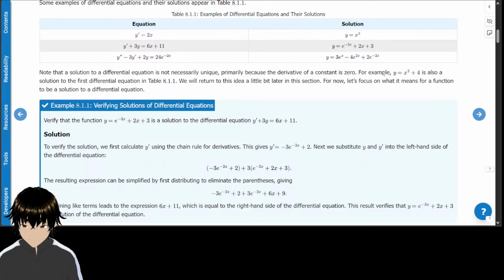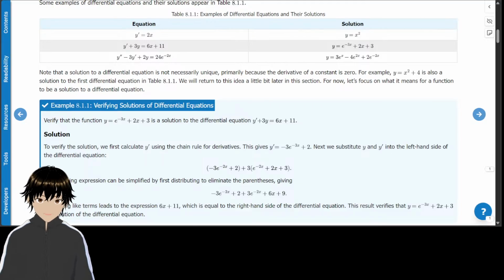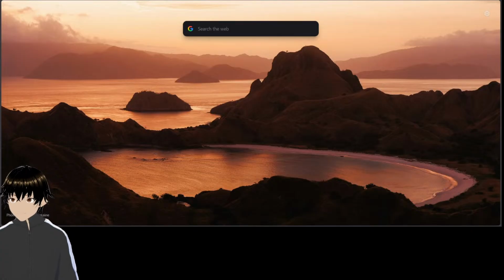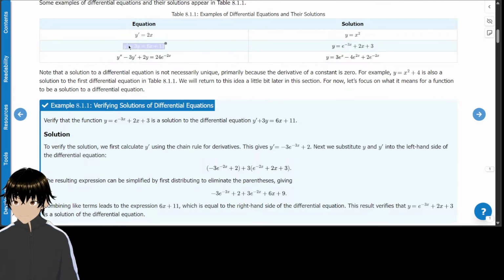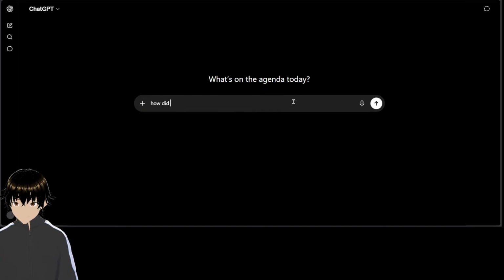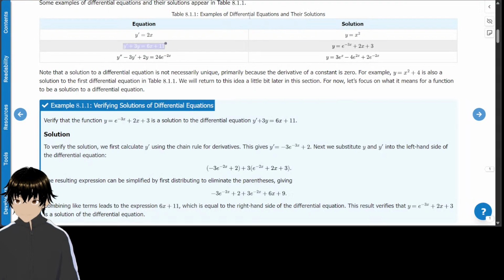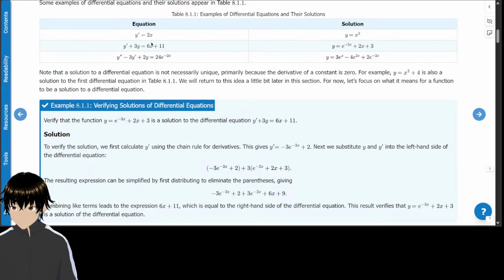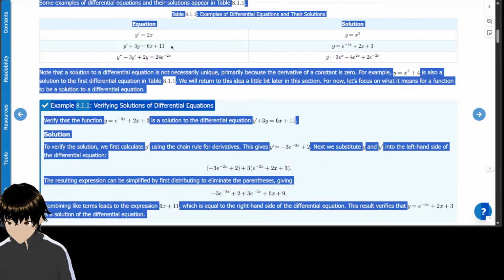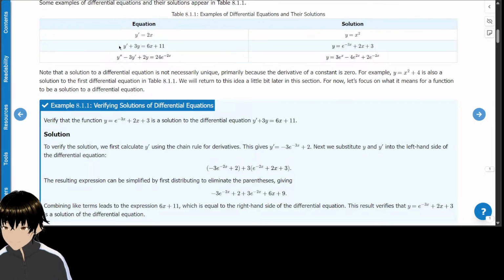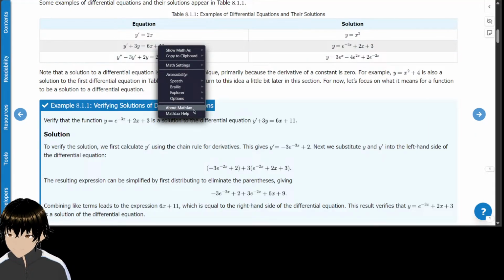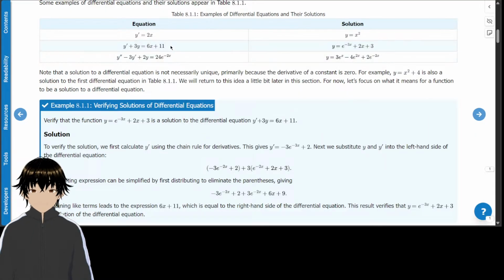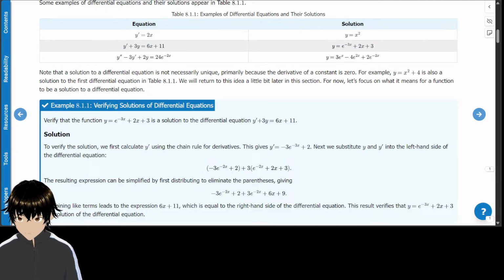Let me just search. Hold on, wait. How do I copy this? It doesn't let me copy this.